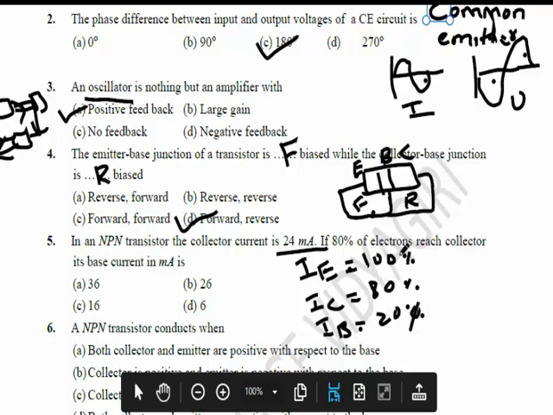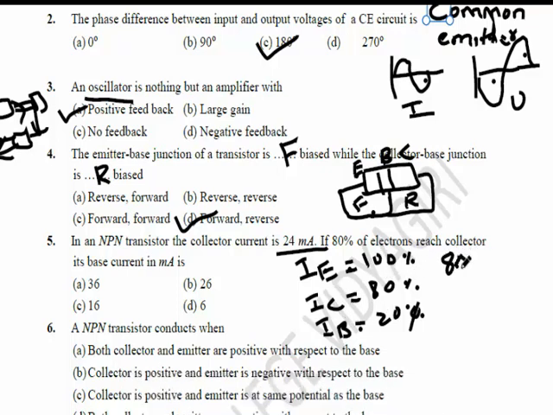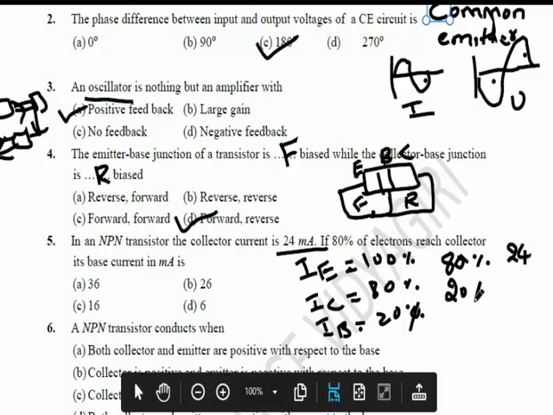If you add these two, it becomes 100. Base plus collector current will give emitter current. So 80% is already given, and 80% is nothing but 24 milliampere. Then what happens to the 20% current? 20% is the base. 20% equals question mark.